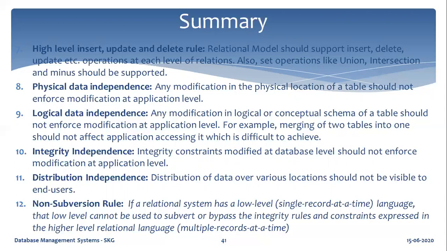Integrity independence means we have to set some constraints so that perfect data is there. Distribution independence means data can be stored at multiple locations, various sites, and it should not affect the end user. Non-subversion means the low level, single row at a time language should be maintained, and it should not convert to multiple records at a time.